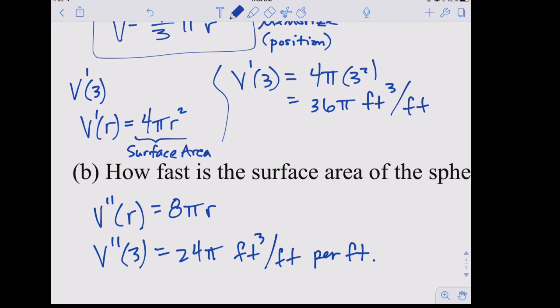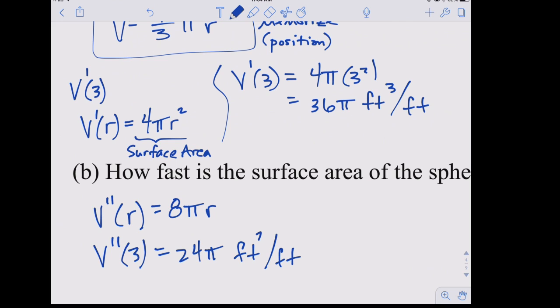Because the units of our previous one were cubic feet per foot, and this is telling us how fast that's changing. So the sentence would be then, when the radius of the sphere is 3 feet, the surface area, actually, maybe if we're talking about it in the context of the surface area, this would be the context of the acceleration of the volume. If we're talking about rate of change of the surface area, we don't need that.